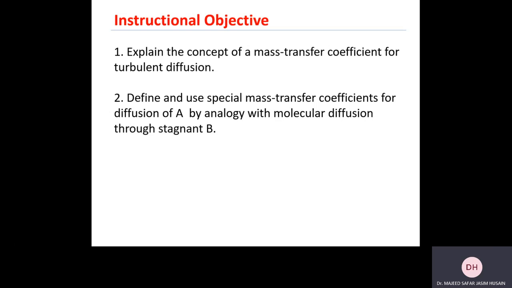Second is to define and use a special mass transfer coefficient for diffusion of A by analogy with molecular diffusion through stagnant B. In the previous chapter, I explained to you two cases. One of them was molecular diffusion in which A is moving and B is standstill, that means it's stagnant. I'm going to also use this ideal case in our lesson today.